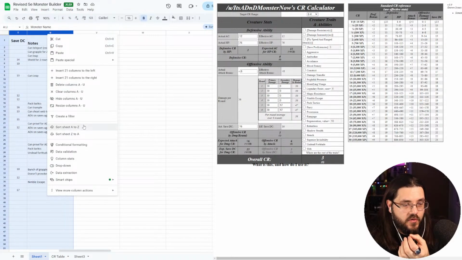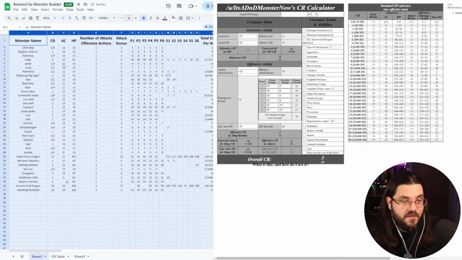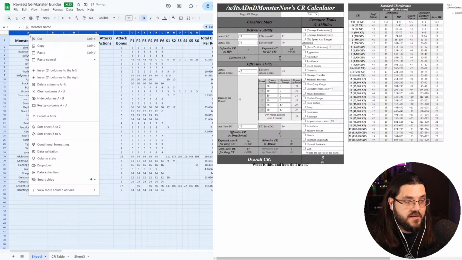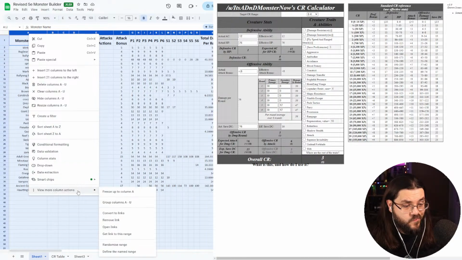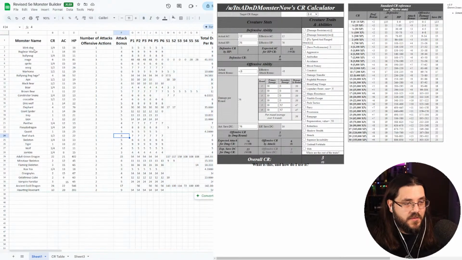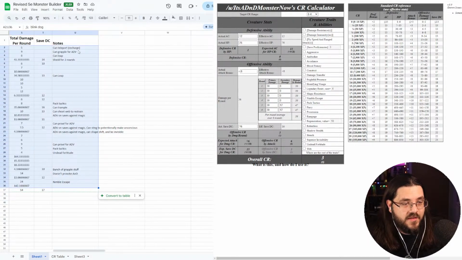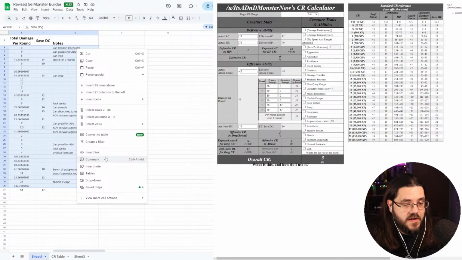How do we sort? Sort A to Z? Is that what I want? Nope, that's definitely not what I want because I have headers. Oh, I'm so not used to using Google Sheets. I'm so much more used to using Excel. Let's try and not select the headery bits and then sort this.